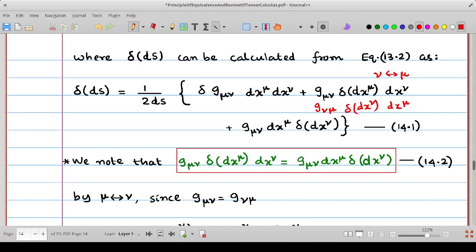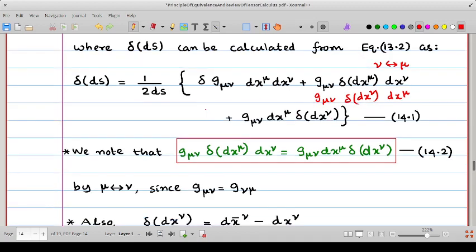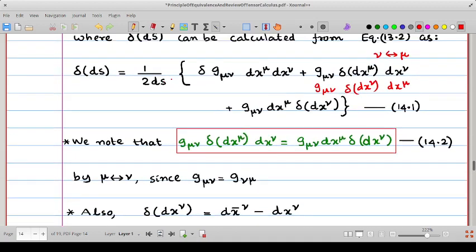But g nu mu is equal to g mu nu because the metric tensor is symmetric, and this is exactly this one. Therefore, the second and third terms are the same, and I can write this as 1 by 2 ds, delta g mu nu dx mu dx nu plus 2 times g mu nu dx mu delta of dx nu.